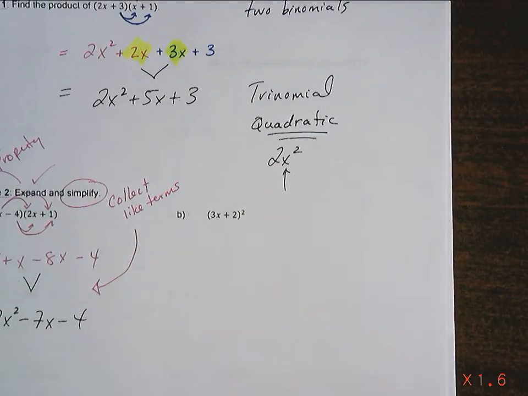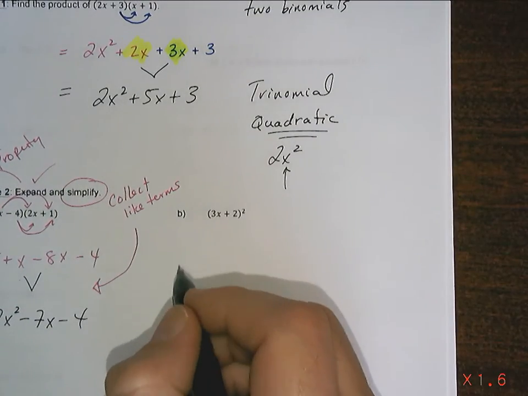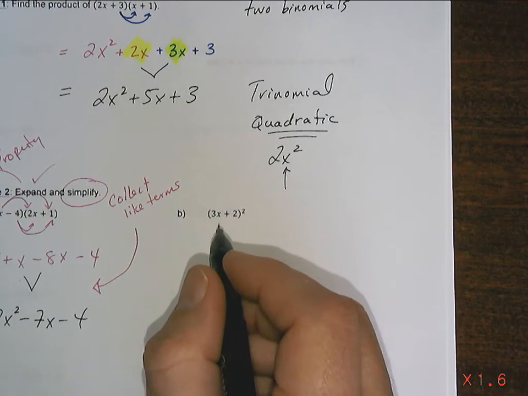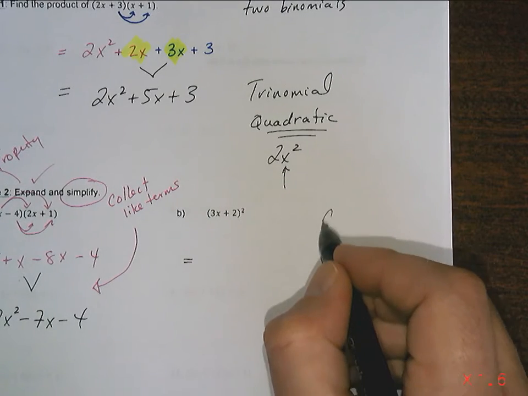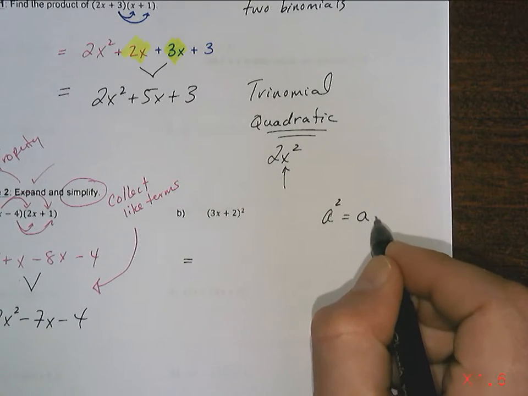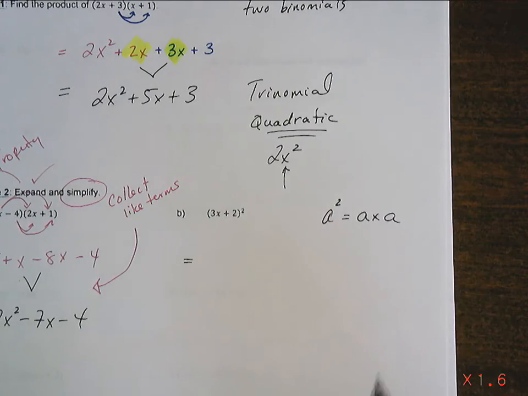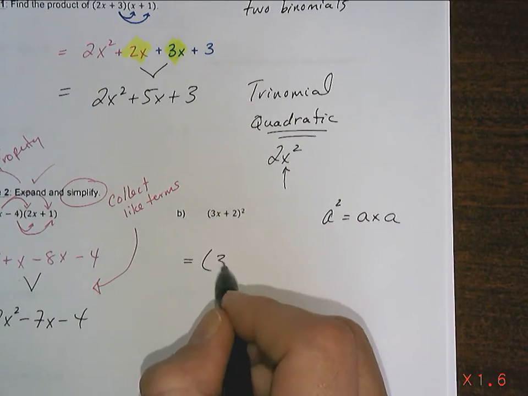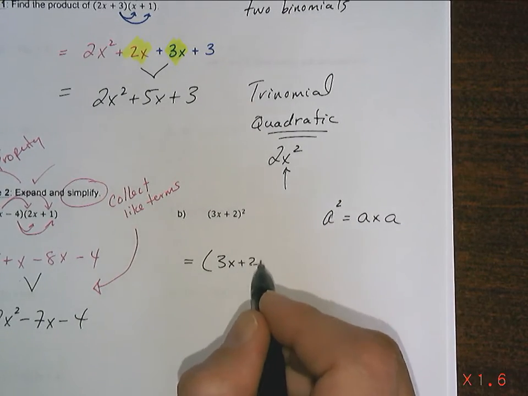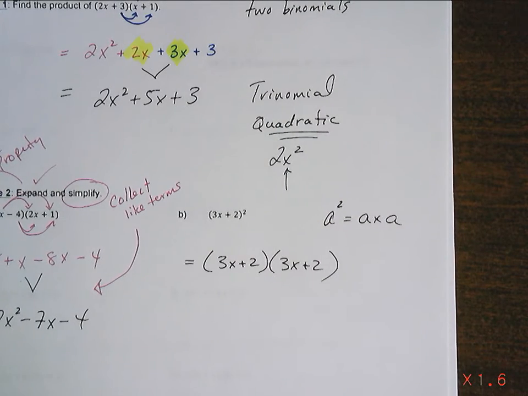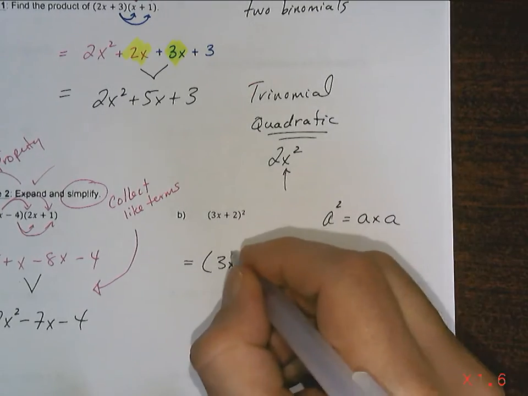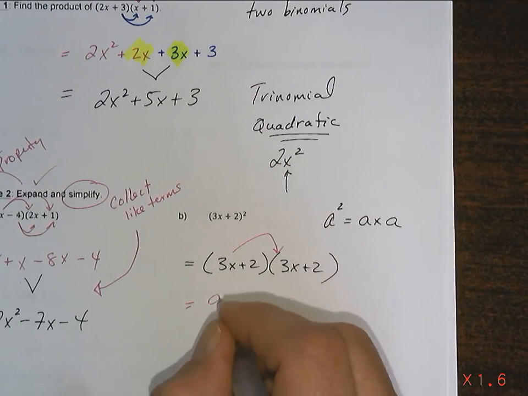Let's do the next example. 3x plus 2 squared. Well, you're going to say, but Mr. White, that's not a binomial times a binomial. It's a binomial squared. And I'm going to say, but what does it mean? If I had a squared, doesn't that mean a times a? And you'll say, yeah. And so if I have 3x plus 2 squared, isn't it the same as 3x plus 2 times 3x plus 2? Yeah. So now don't you have 2 binomials being multiplied together? Yeah. So 3x times 3x is 9x squared.